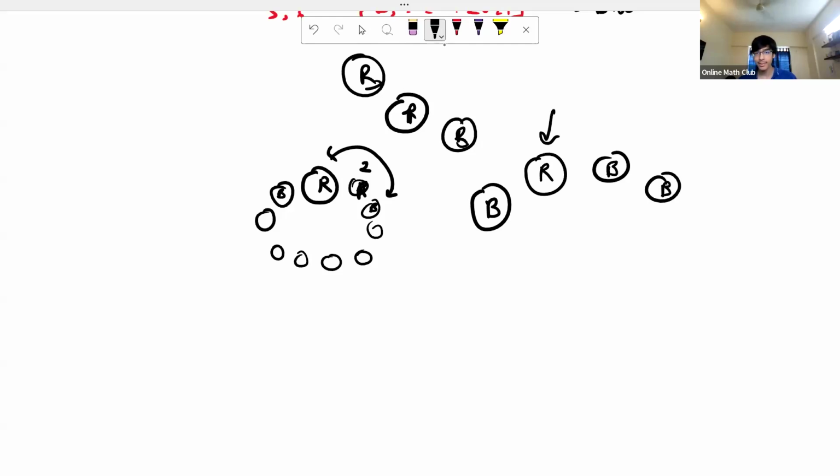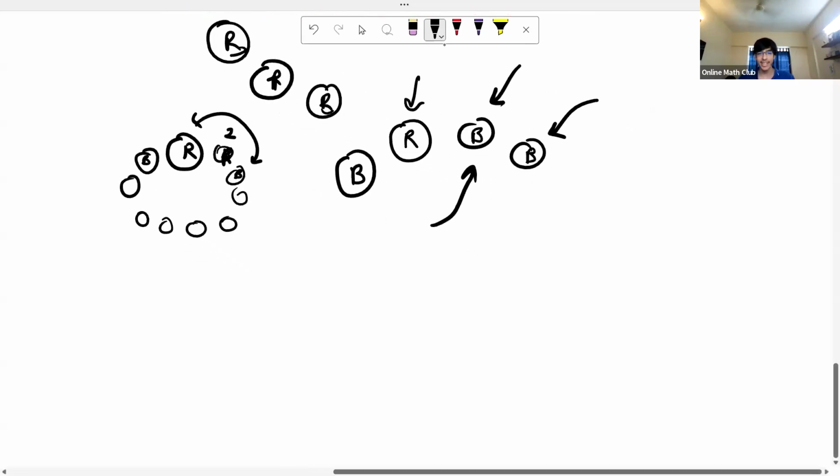Now we know that this number cannot be two, because if this number was two, then it has one neighbor red, one neighbor blue, and that would create some sort of contradiction, right? So what you will need is first this number must eventually become red, and then you can make this number red. So by the way, the objective of this new intuitive game is that you want to make all the numbers red.